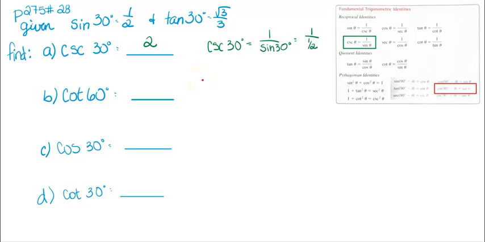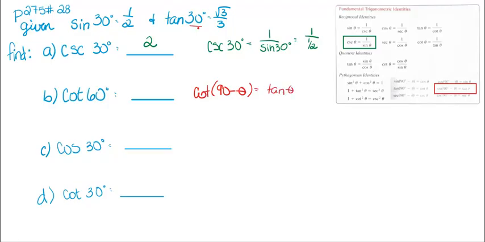So we say the cotangent of 90 minus theta, and this is the theta we're given, so this is the theta we're going to use. This is equivalent to the tangent of that theta.